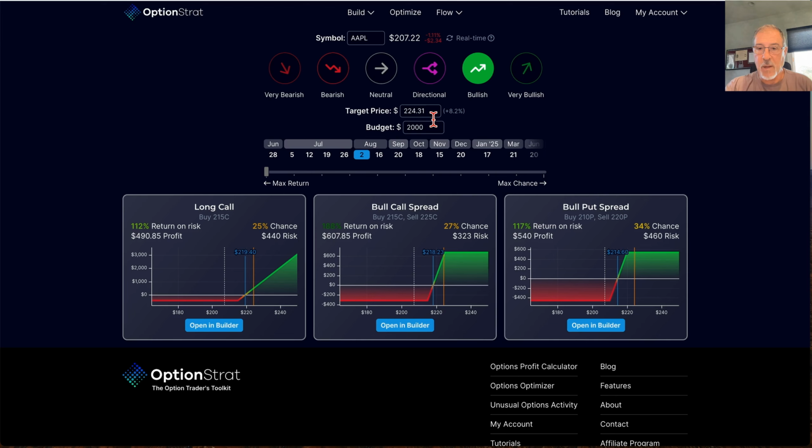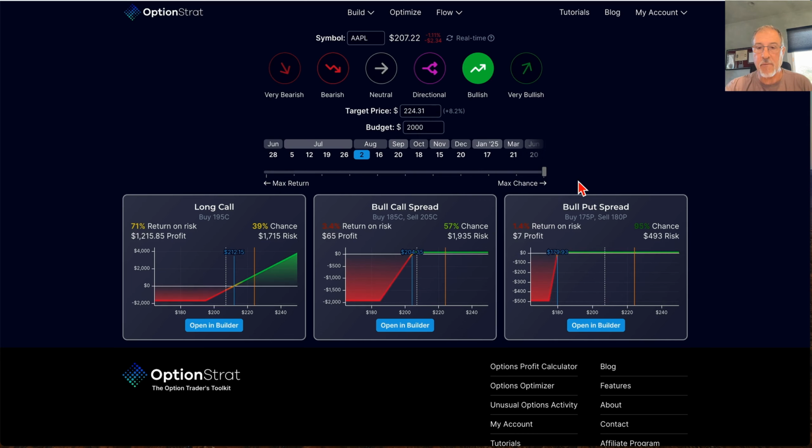My target price, I moved higher because if I'm bullish here, this is a maximum return sort of scenario. But what if I wanted a maximum chance of profit? Again, I can do that by coming way down here and selling a bull call spread, or excuse me, in this case, buying a bull call spread or selling a bull put spread.